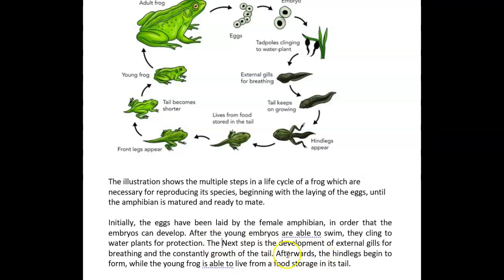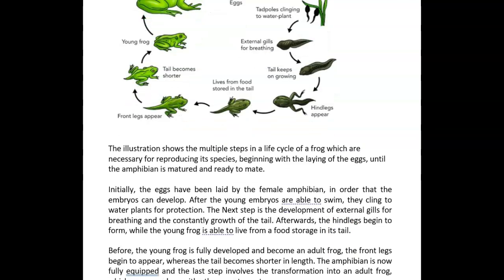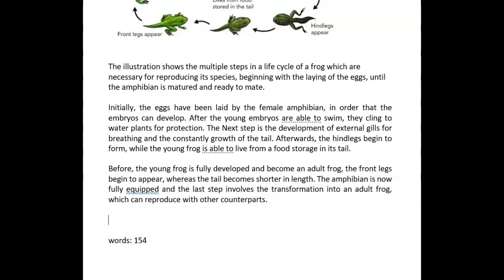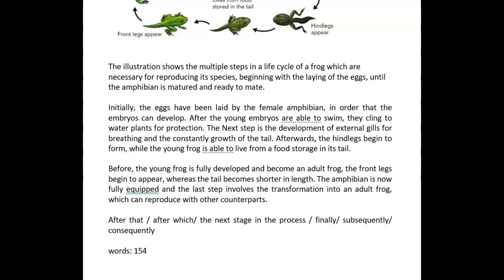Afterwards, after that, the next stage, after which, the next stage in the process. You can have obviously finally, subsequently, consequently. So all those kind of words are quite useful for this.